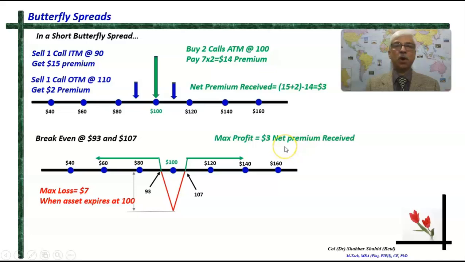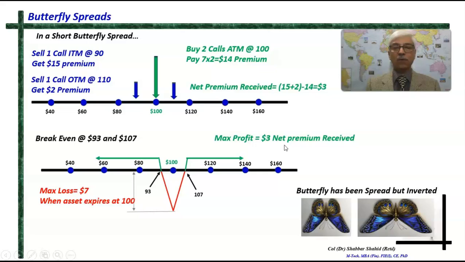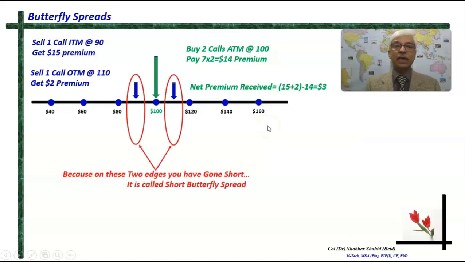Exactly opposite of the previous case when you had gone long. All right. So what you have done, the butterfly has been spread, but it is now inverted. All right. Now, because on these two edges you have gone short, you see you have sold here, therefore you call this strategy a short butterfly spread, the opposite of the long butterfly spread.